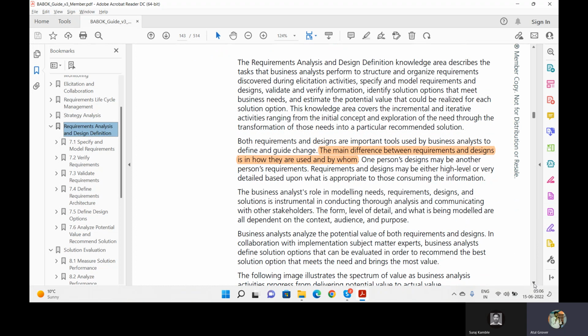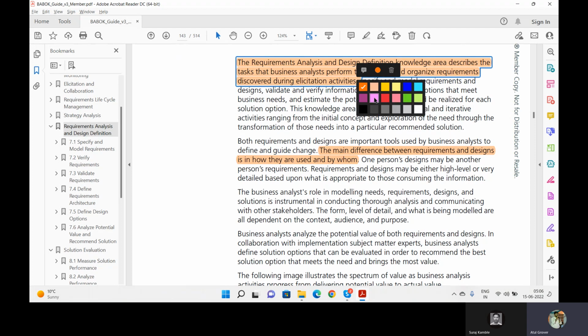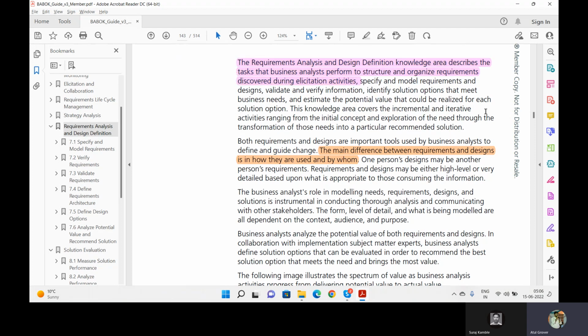It says the requirement analysis and design definition area describes the tasks business analysts perform to structure and organize requirements which they discover during the elicitation activity, because elicitation means I'm just gathering the things.